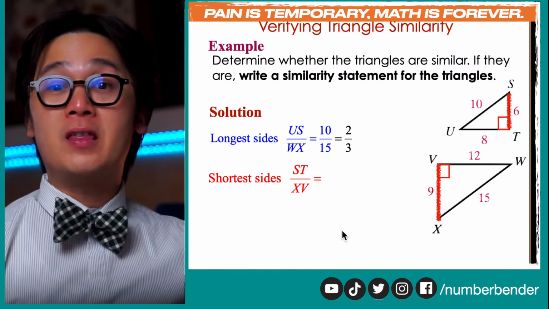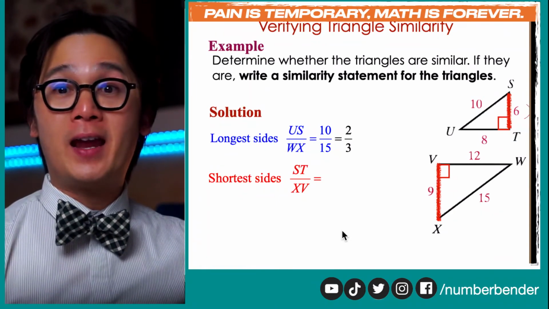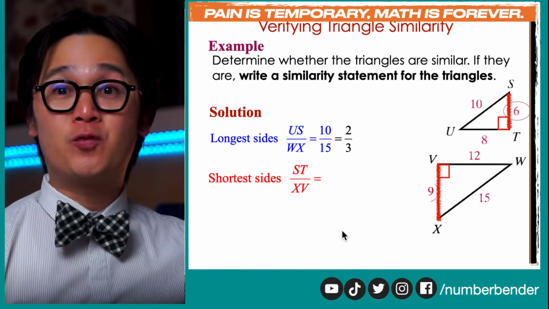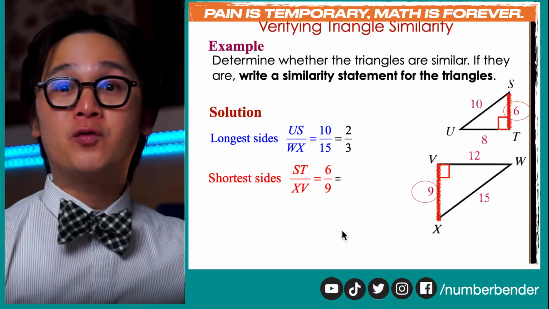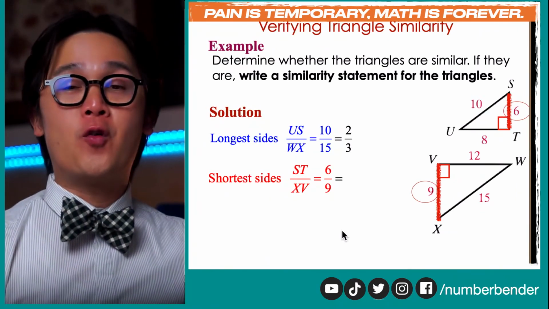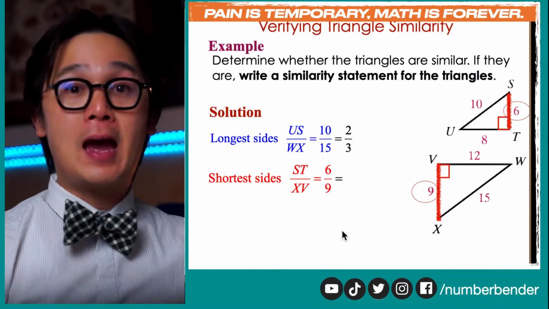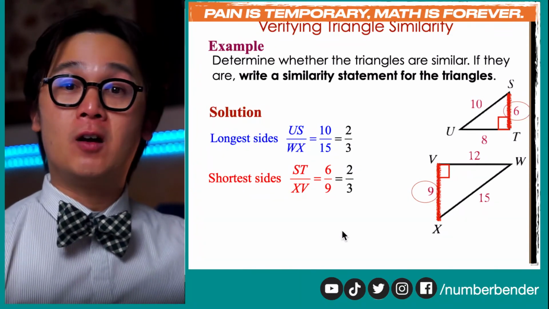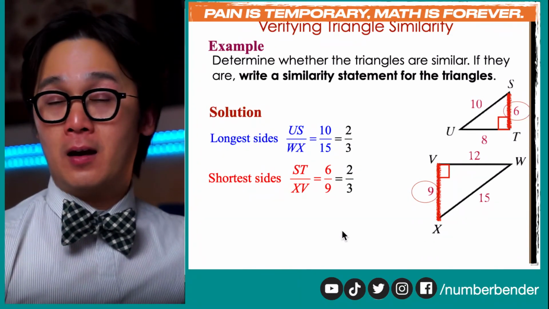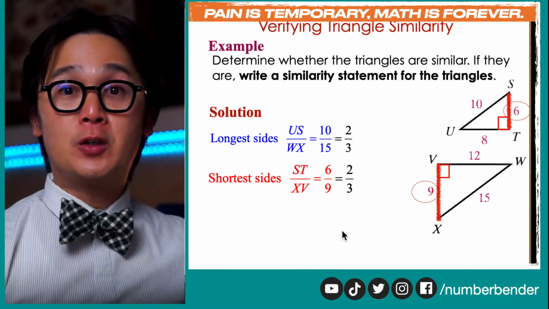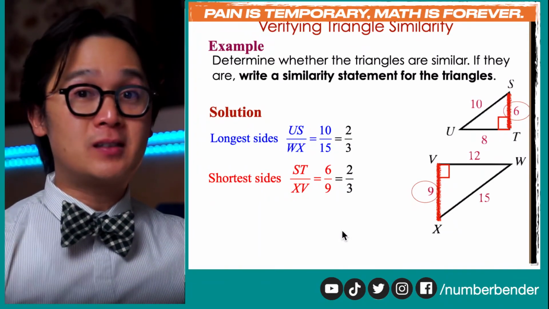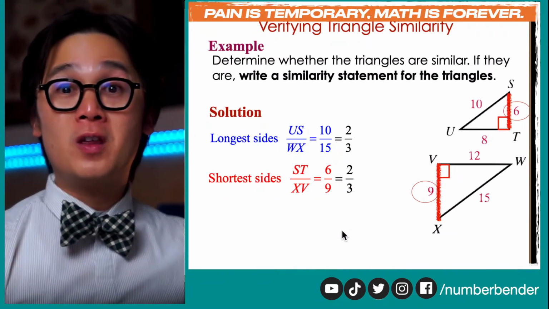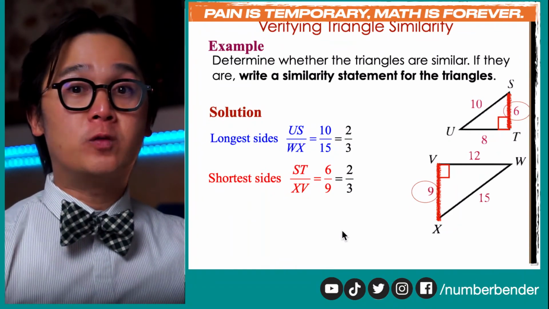And we know that the measurement of these two side lengths are given, which is 6 for ST and 9 for VX. And for simplifying our fraction, we are seeing now that the ratio of US over WX is the same as the ratio of ST over XV.